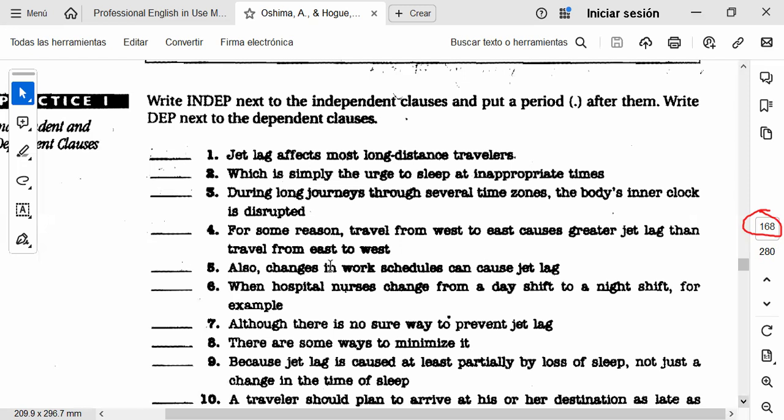Yeah, that's it. Very good. During long journeys through several time zones, the body's inner clock is disrupted. Dependent. That's right. Good. For some reason, travel from west to east causes greater jet lag than travel from east to west.